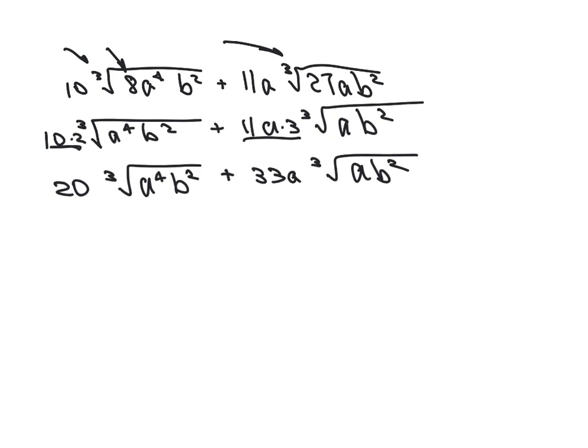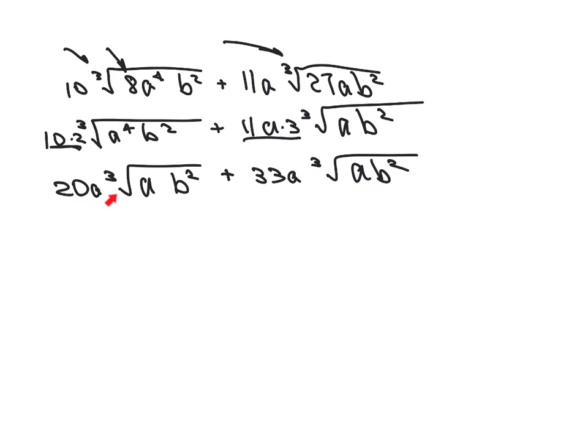Okay, so now let's look at our variables. We're looking for variables or exponents that are bigger than the index. So this is the only one. So 3 goes into 4 one time with 1 left over. And holy smokes, this and this are the same.